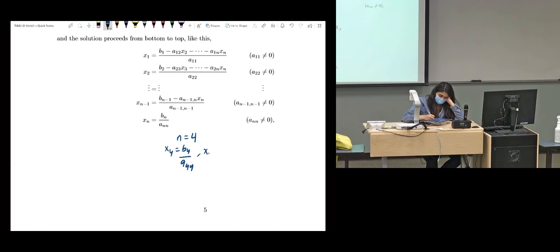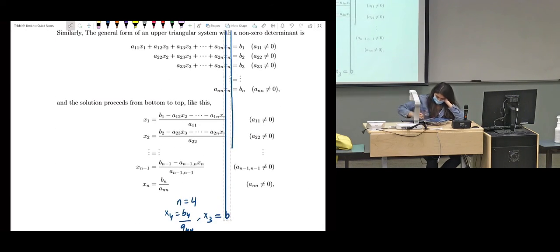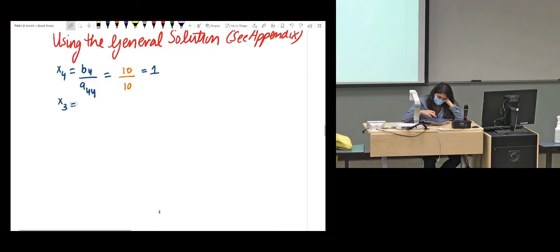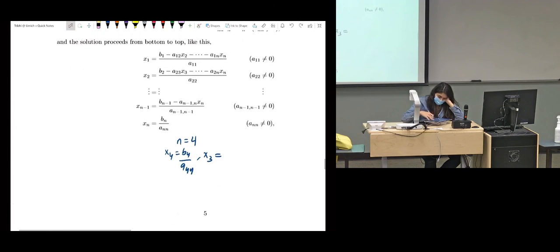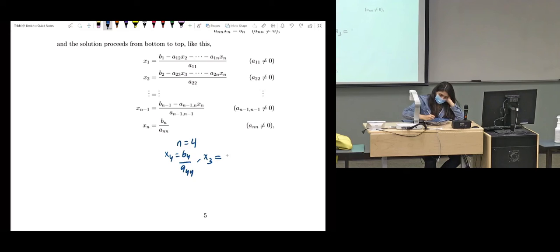I know x3 is b3 minus a34 times x4 by a33, just substituting n is equal to 4.